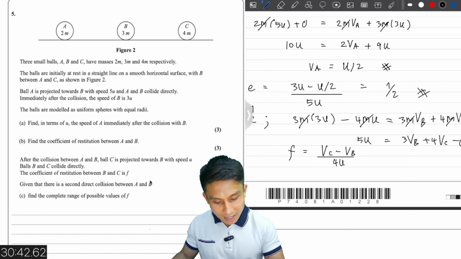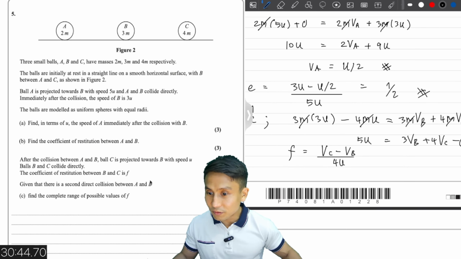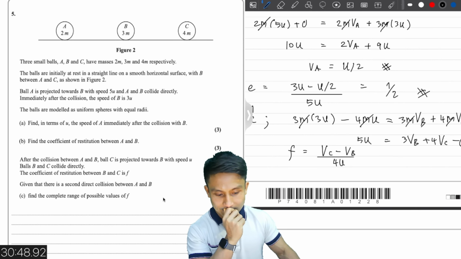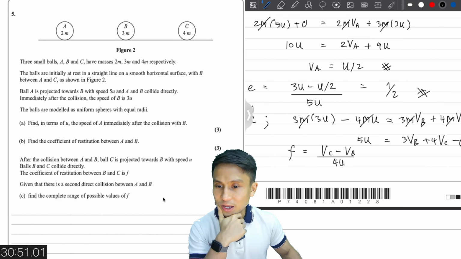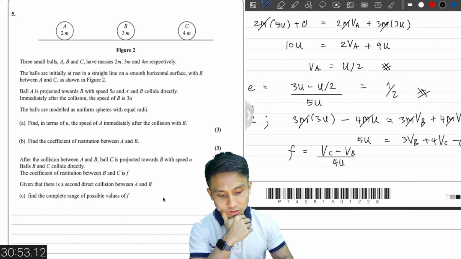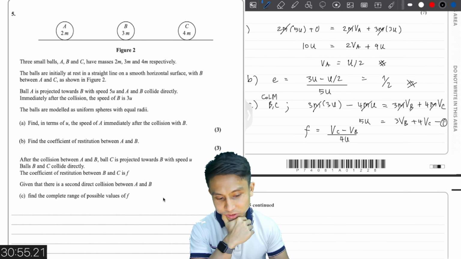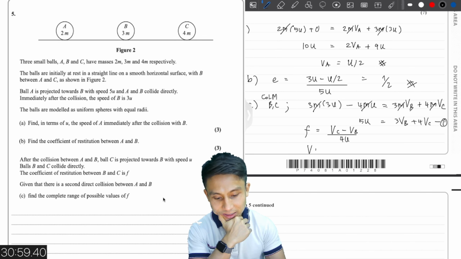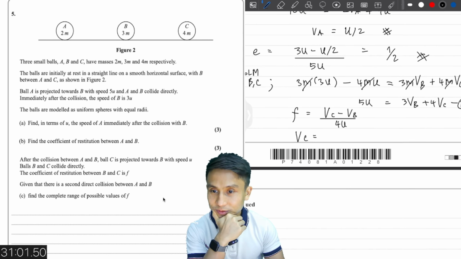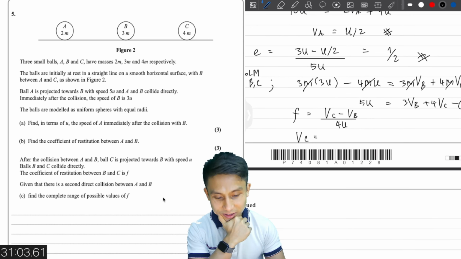What are we finding? Find the complete range possible of f. So we should introduce some f in the simultaneous equation. Let's put VC in terms of everything else, because we know that VB has to be negative already.